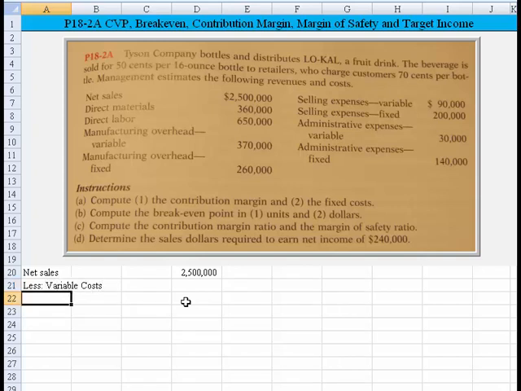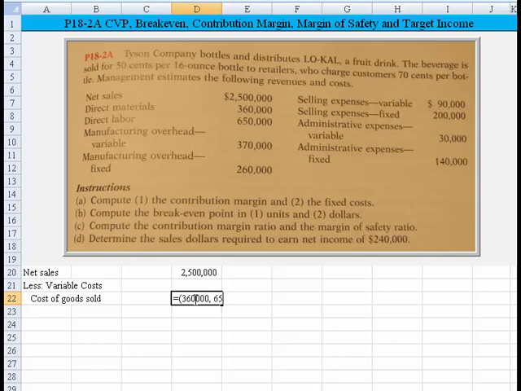And the variable costs that we know of are cost of goods sold, and the cost of goods sold is going to be a combination of a number of items. So we need to consider direct materials here. Direct materials are a component of cost of goods sold, 360,000.